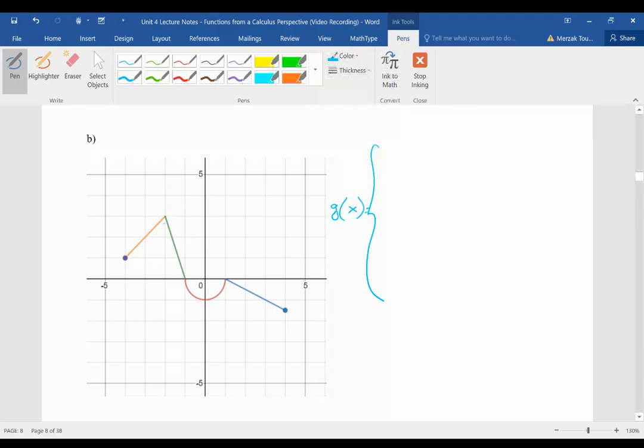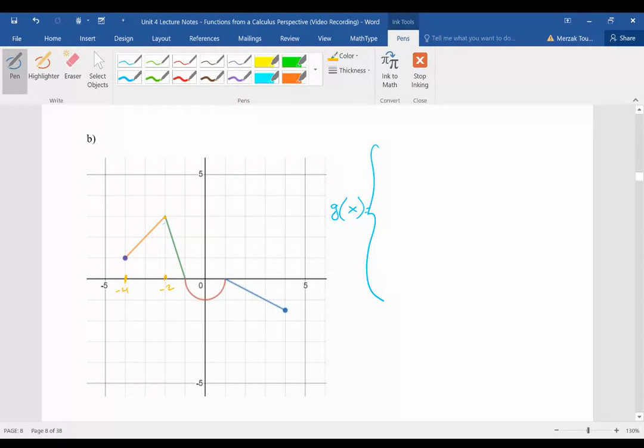So the orange one starts at x equals negative 4, and it ends at x equals negative 2. Now, this point is a common point between the orange segment and the green segment. So we either include it with the orange segment or with the green segment, but not with both.